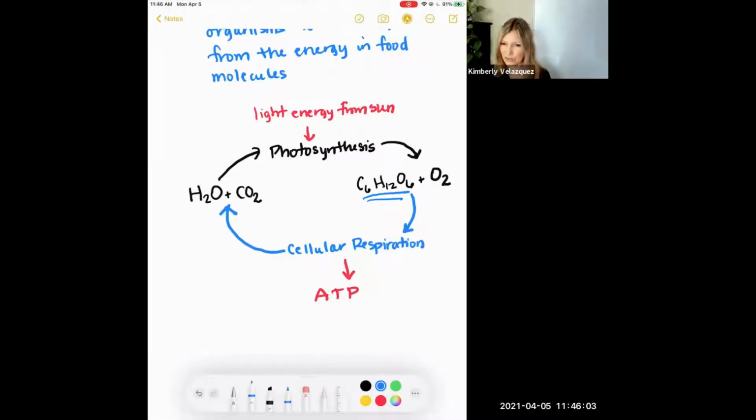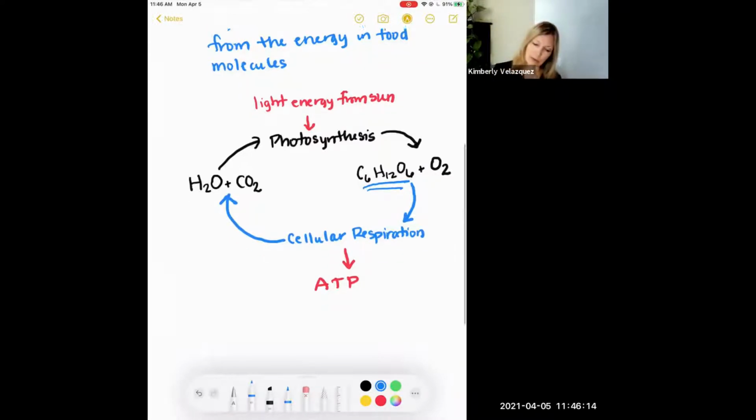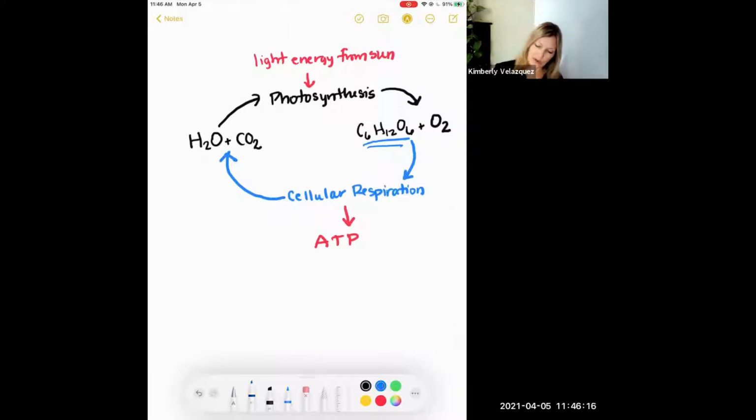If you recall the general equation for cell respiration and the general equation for photosynthesis that we've already talked about several times, those are the reverse of each other. So remember that general equation for cellular respiration, glucose and oxygen becoming CO2 and water.